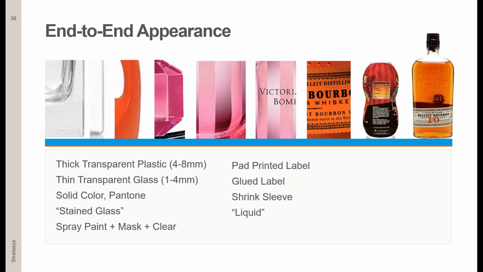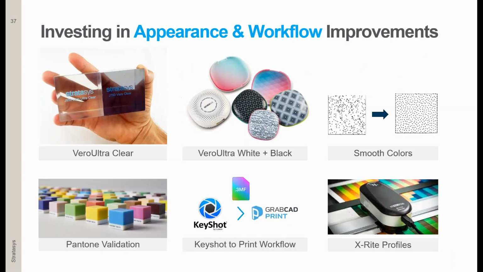Traditional end-to-end appearances call for pad printing. You need to glue the label. You need a shrink sleeve, and then you have to contain a liquid. But all these are addressed in one-shot printing. That is what PolyJet is all about, and exclusively the J series printer.